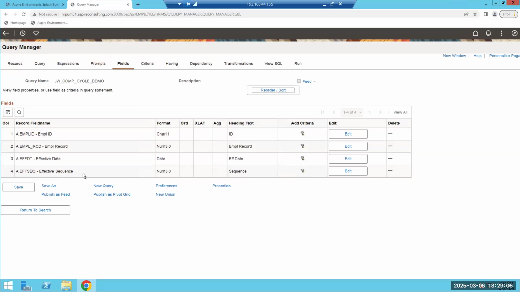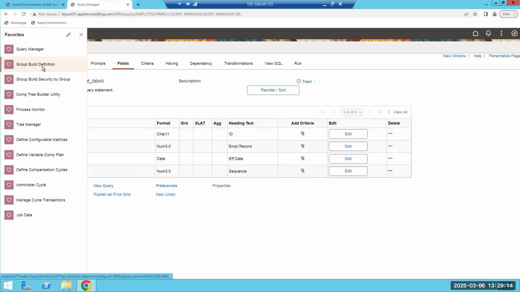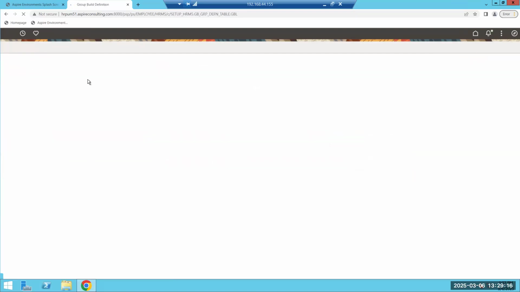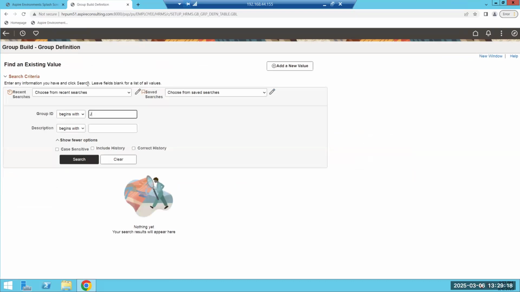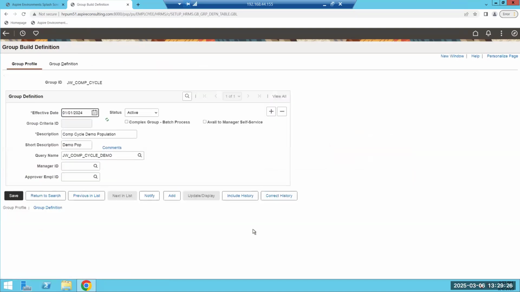So basically, we start by putting together our query to come up with who's supposed to be included. Then we go to the group build definition. This is where we would define our group, and here's where we would specify, hey, here's our query.